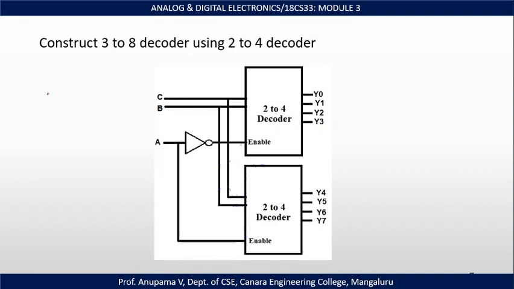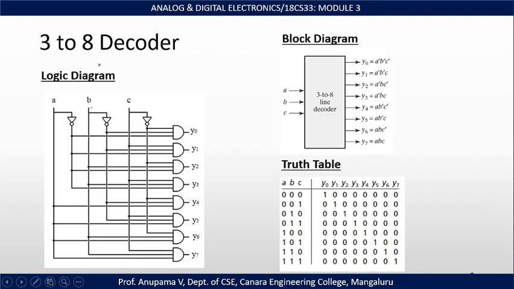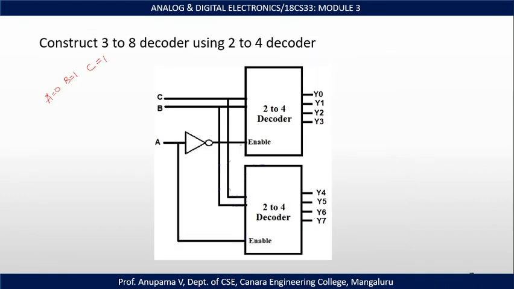Now what happens when A equal to 0, B equal to 1 and C is equal to 1? According to the truth table, when A equal to 0 and B, C equal to 1, then Y3 should be activated and all remaining outputs should be 0.